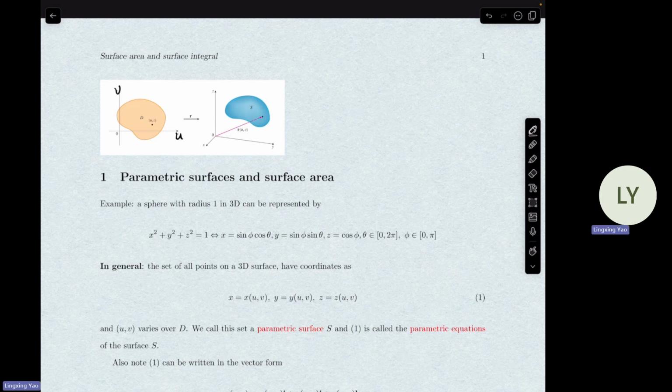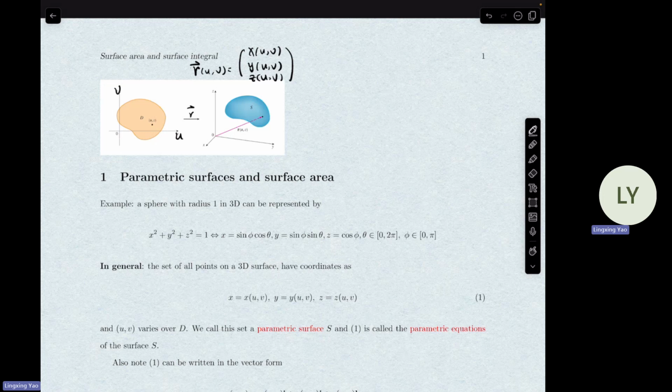And then suppose we have a so-called vector valued function, which depends on the parameters. So what we should think of is that all the x, y, z components of this vector R will be functions of the parameters u and v.